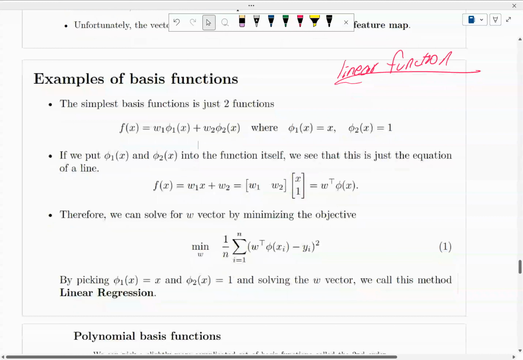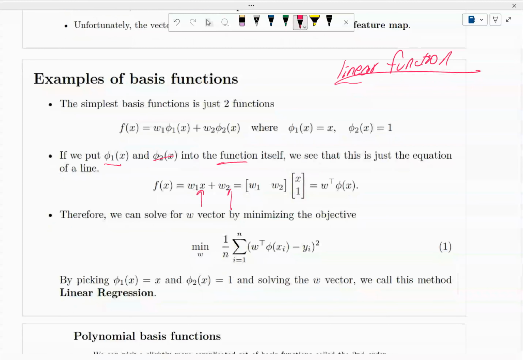Once you know W1, W2, that essentially gives you a good idea. Now, if we put phi 1 and phi 2 into the function, then this is phi 1. Phi 2, remember, is just 1. Therefore, we're saying that the equation, the f of x, looks something like this. Or we can pull it out: W1, W2 times x and 1.